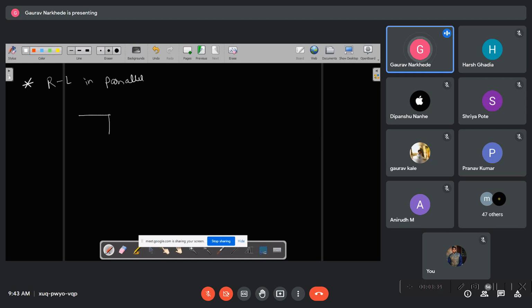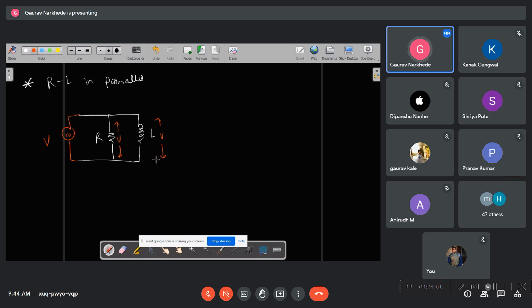Let us say this is your resistor and this is your inductor, and I am applying some voltage here, let that voltage be V. What is the voltage drop across the resistor, and what is the voltage drop across the inductor?